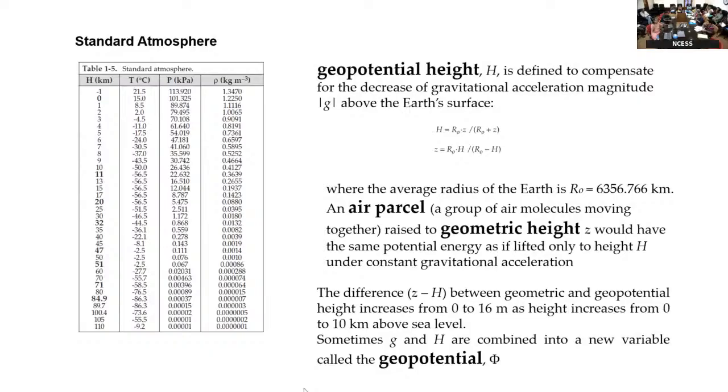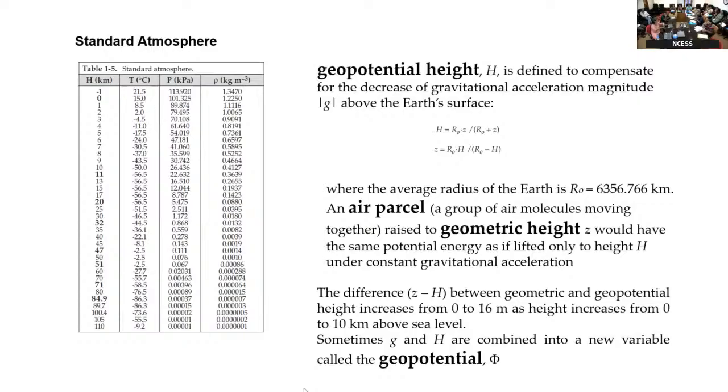If an object is lifted against gravity, that height is called Z, and gravity varies with height. The geopotential height is the height at which the object would gain the same potential energy with a constant gravitational pull.